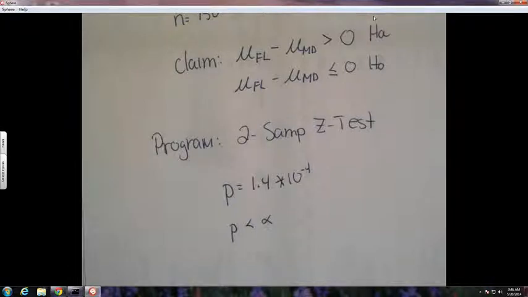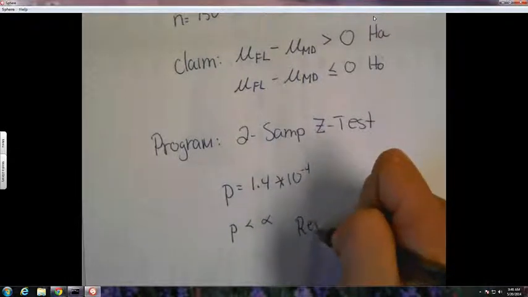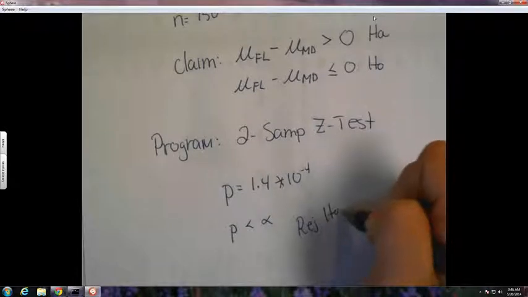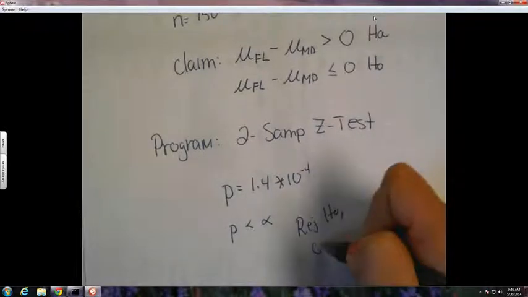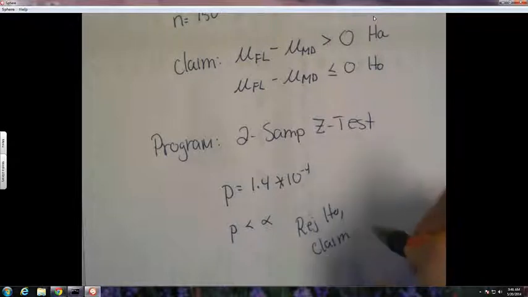What decision do we make? Do you remember? It's reject. If it's a very small probability of happening, it's reject. Reject the null. That makes the claim true.